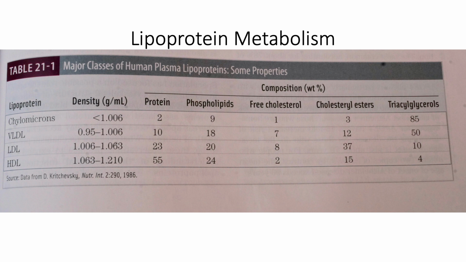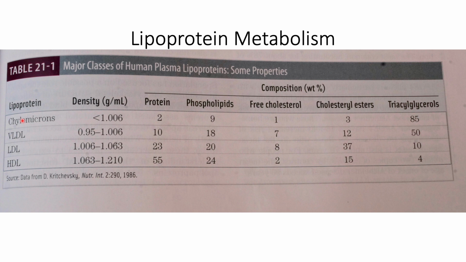This is the composition. As stated previously, if you take plasma and centrifuge it, the creamy layer on top is generally completely comprised of triacylglycerols, and this is the chylomicron layer.